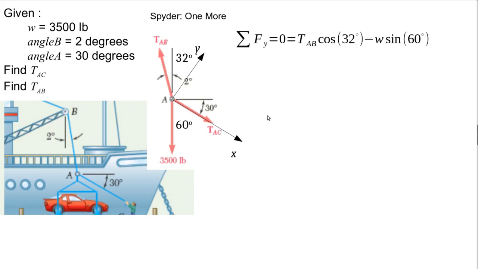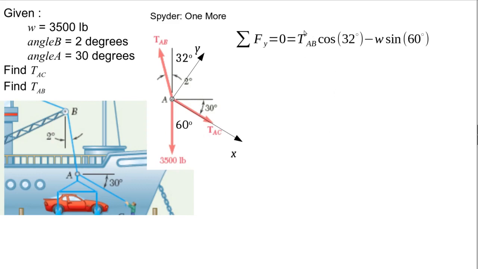So we can do some of our forces in y now. Again, this is a different y. We see we've got TAB times cosine of 32 in the y direction. And we'll have a component then of the weight going in the negative y direction, and it's the opposite side of the 60 degrees, so it's sine 60 degrees.